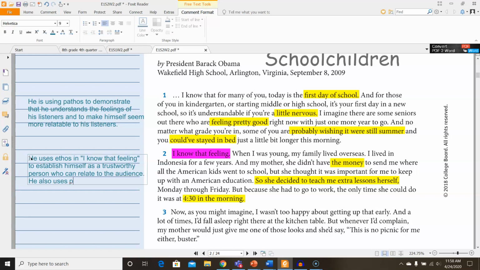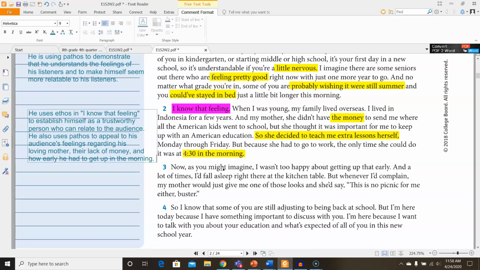He also uses pathos to appeal to his audience's feelings regarding his loving mother, their lack of money, and how early he had to get up in the morning. So all of these things were designed to make the audience feel, except for the first part, which is to make the audience trust him.